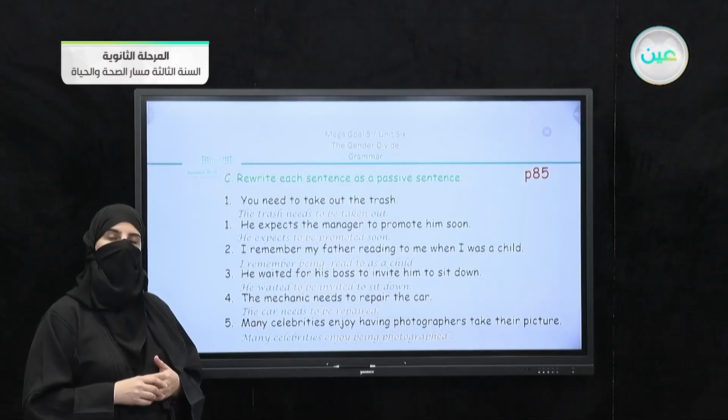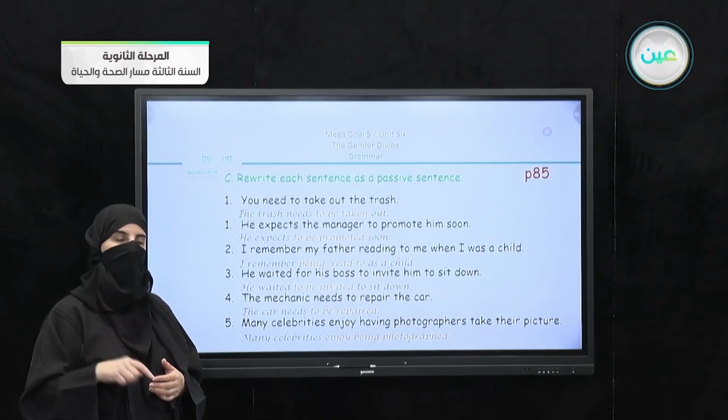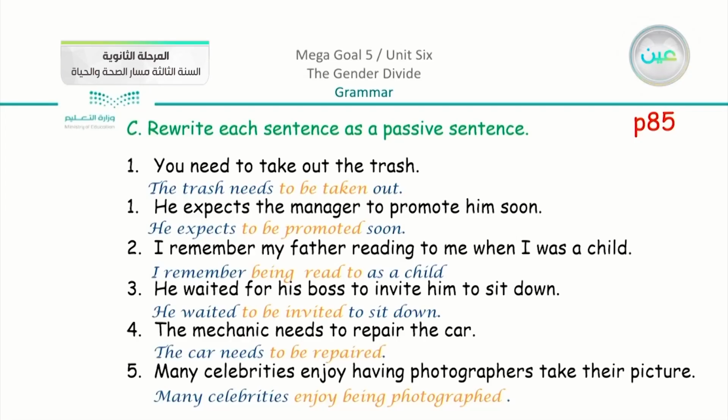So you are going to use to be, and you are going to turn the verb into the past participle. So we have the answer: he waited to be invited to sit down. Now you can see that you're going to use either to be or being based on the basic sentence that you have here in the exercise.